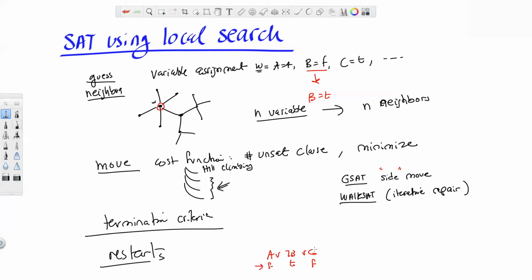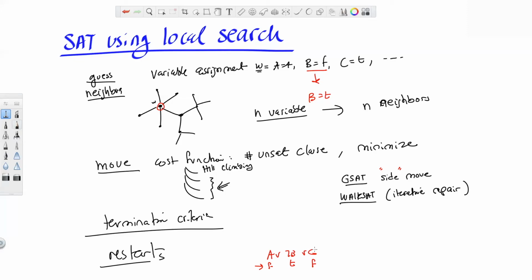Now, you may have choices of which clause to work on, which you do randomly. If you have a clause, which one of these three variables do I flip? You may want to look at what other clauses it actually fixes. And when you have choices, you can do things randomly. Let me inject one important thing here.